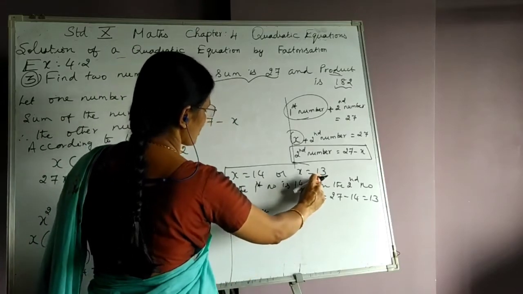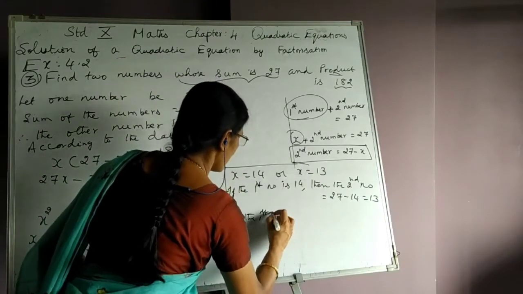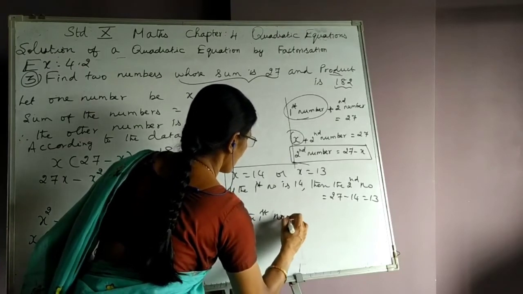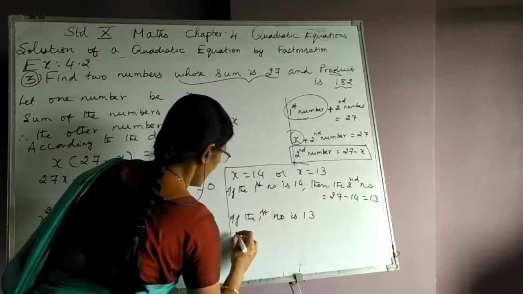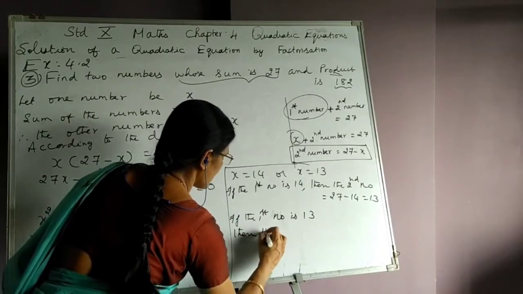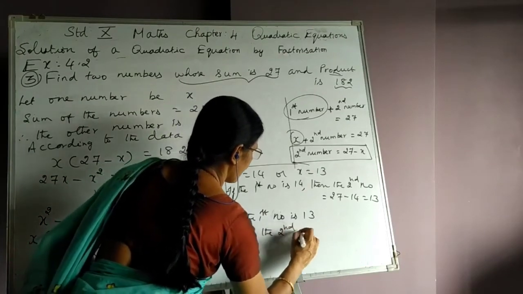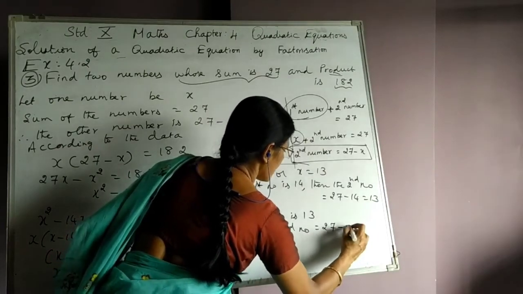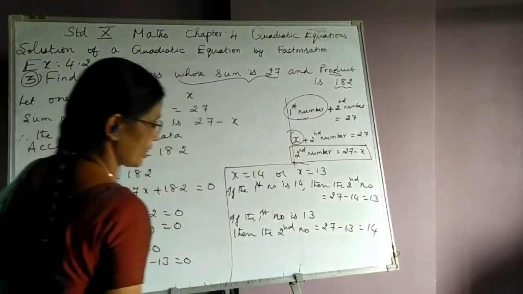Next, we are taking the option 13. So, if the first number is 13, then the second number is 27 minus 13, which is equal to 14.